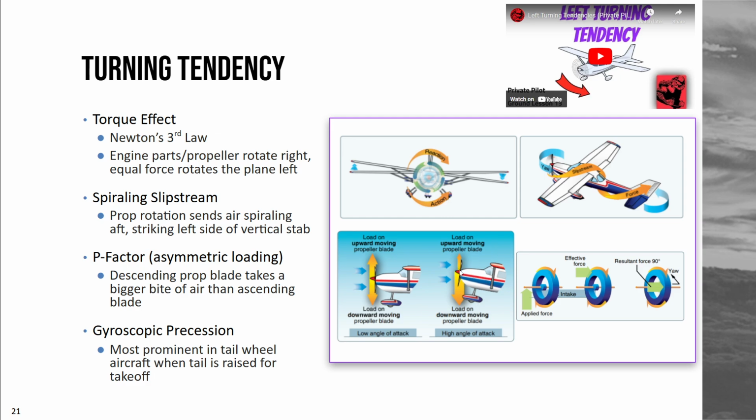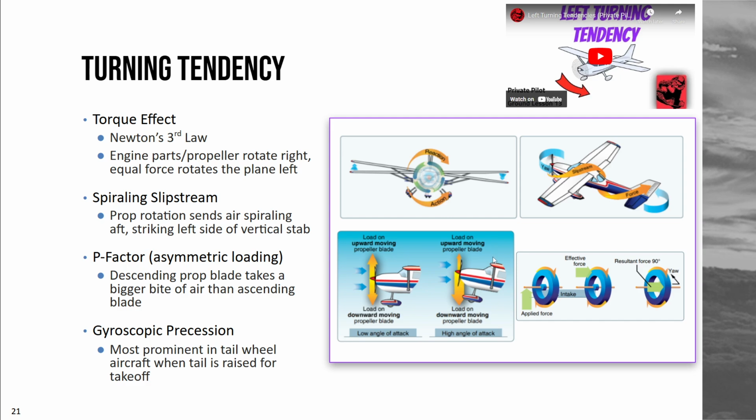Let's say we're at a high angle of attack like this, right? This right side is almost slicing into the relative wind, where this left ascending side is moving against the wind. So moving into the wind, that blade is traveling through more air, creating more thrust than this ascending blade that's traveling almost in the tailwind.